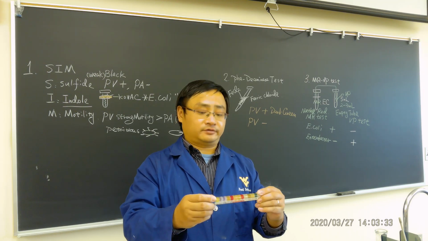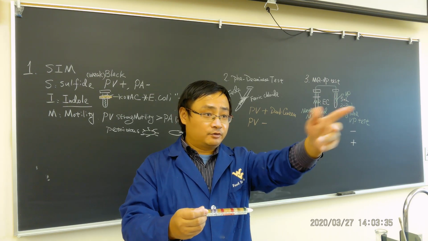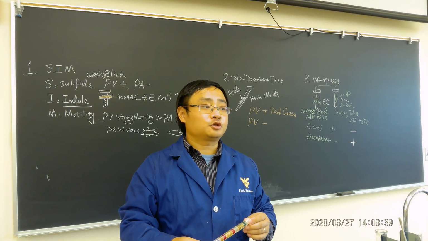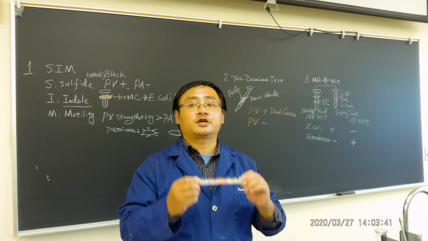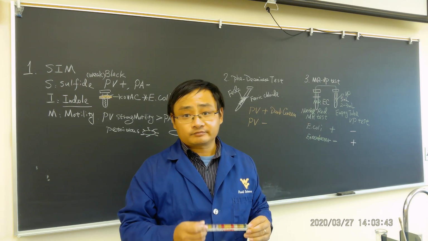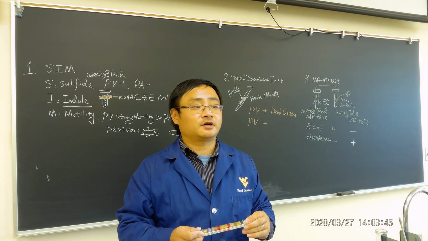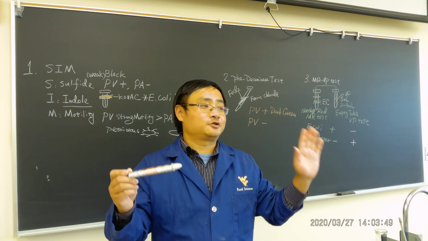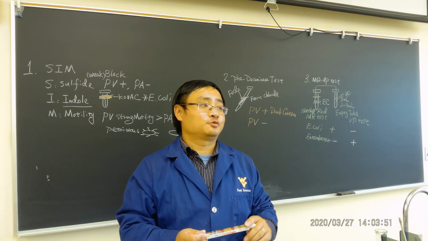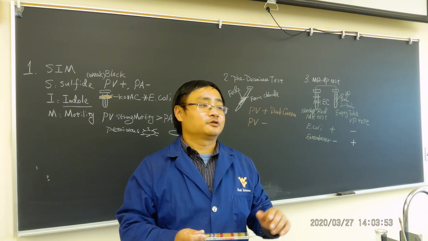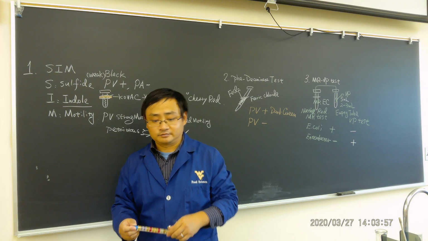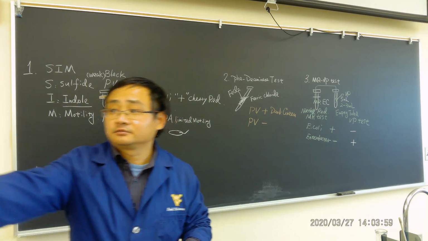What you should have: everybody compare with your bench partner. The color should be the same. If you and your bench partner compare and every color is different, which means you got some contamination, because we all inoculated E. coli. So first of all, compare with your bench partner. Are they all the same? Okay, you can have one.